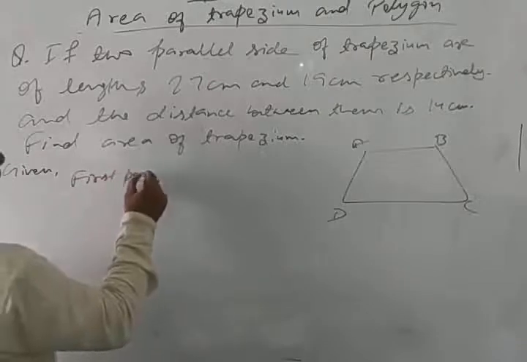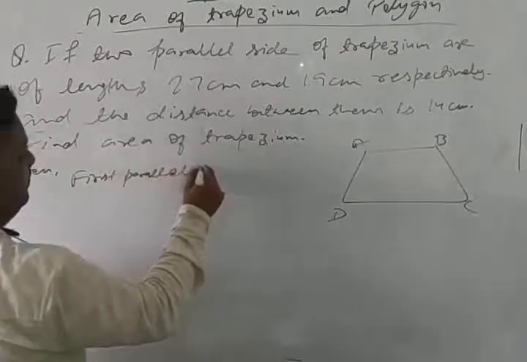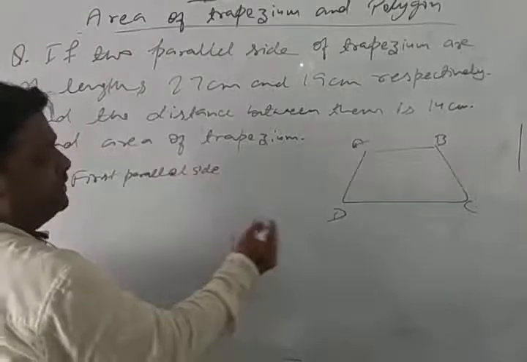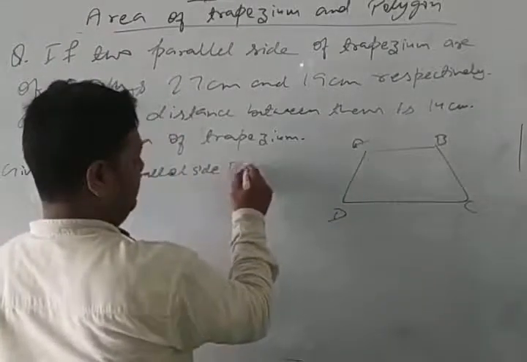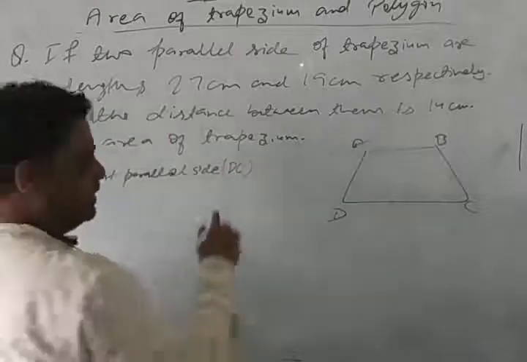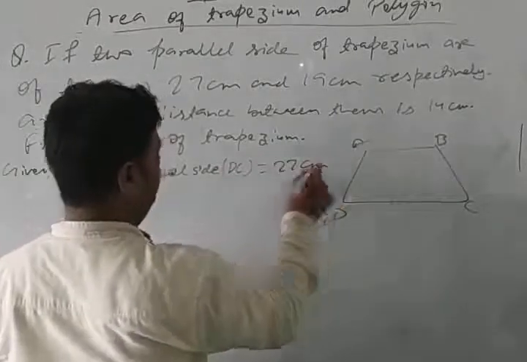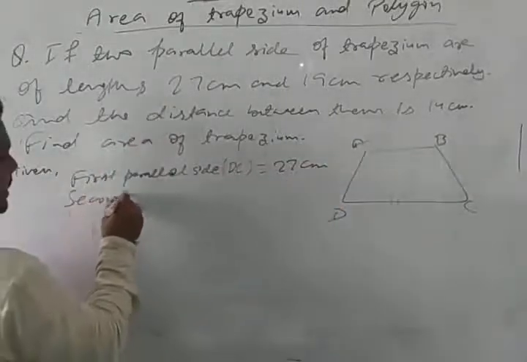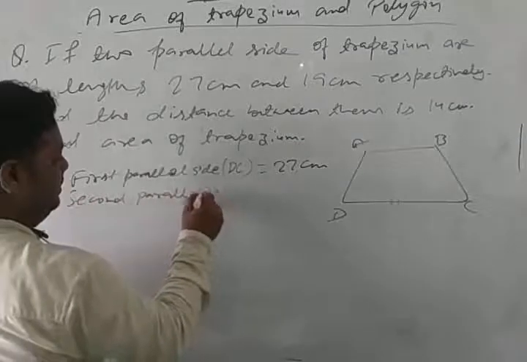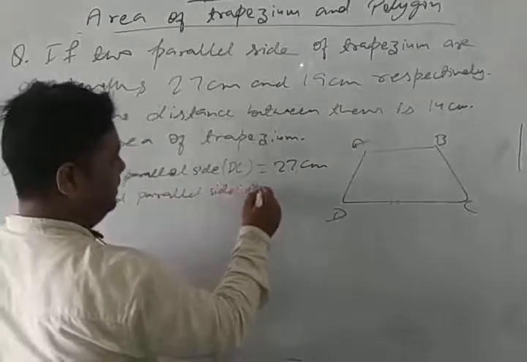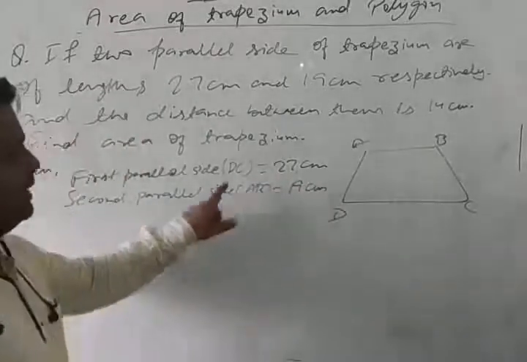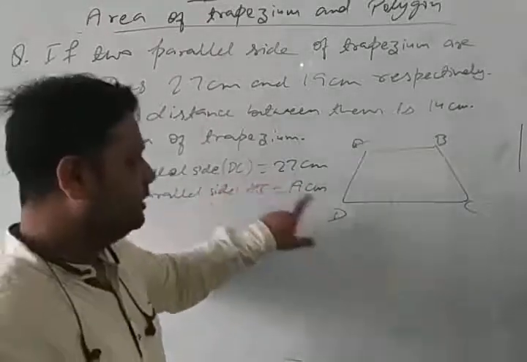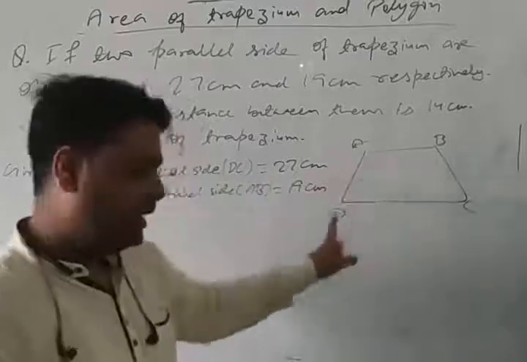First parallel side DC is equal to 27 centimeter, and second parallel side AB is equal to 19 centimeter. We have taken DC as the first parallel side because it is greater than AB, and that's why we have taken it.